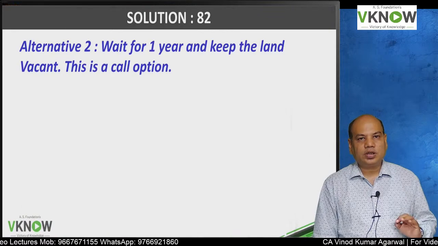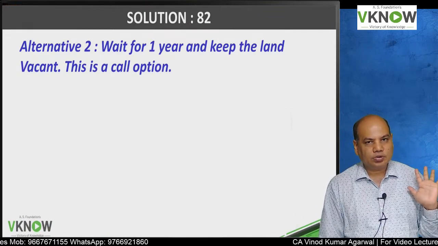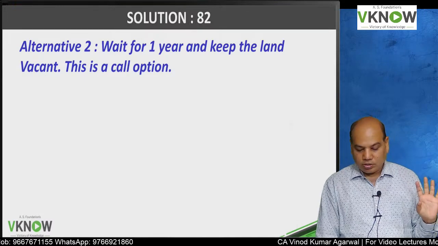So if we construct now, my NPV is 200 lakh. Okay, so that one figure is locked.